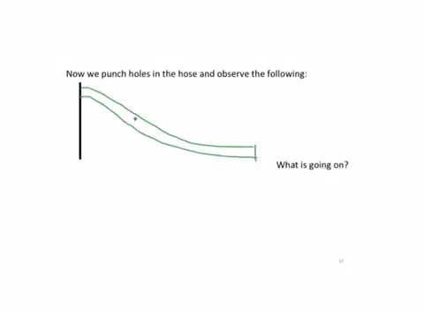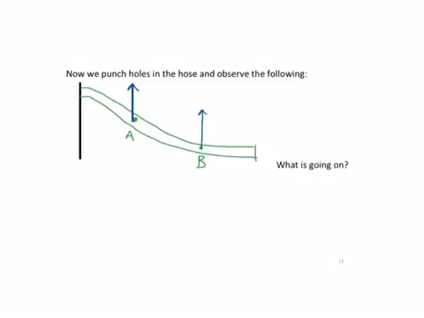And again, we have 2 points along this hose that we're interested in, points A and B. So if we were to do this in reality, what we would actually observe is something a little bit different than what I just showed with those equations. What we see is that the sprinkler at A might rise to that level, whereas the sprinkler at B rises to something lower rather than to the same level.